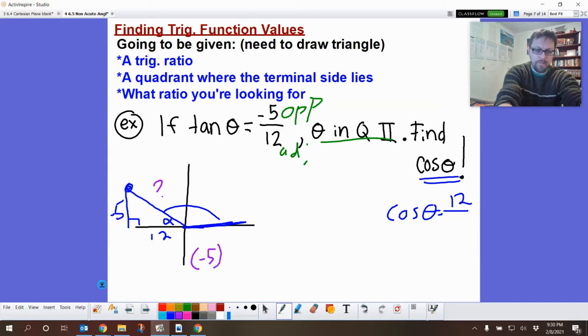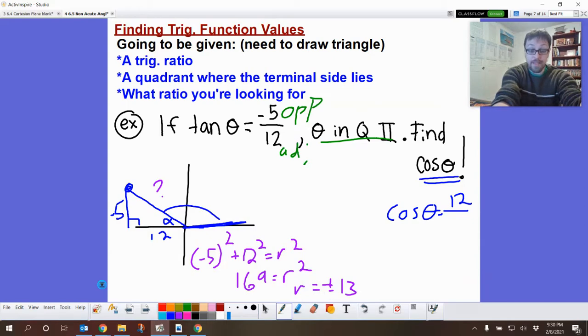So -5 squared plus 12 squared equals my r squared, because for some reason I'm using r. So r squared is 169. So r is plus or minus 13. We're always using the positive value for those r's, so it's going to be 12 over 13.